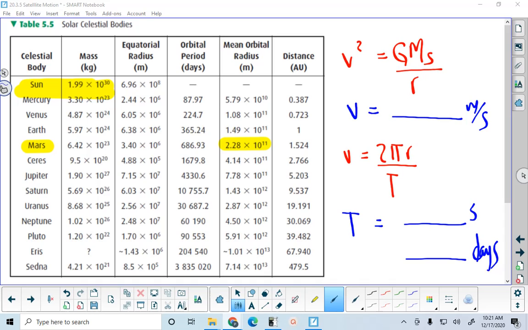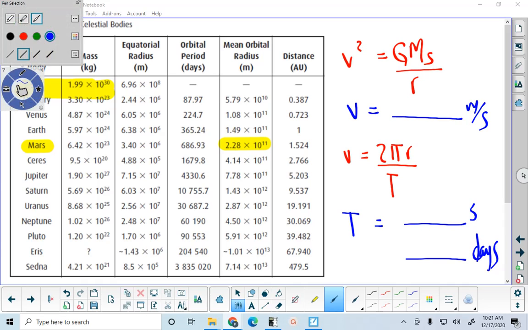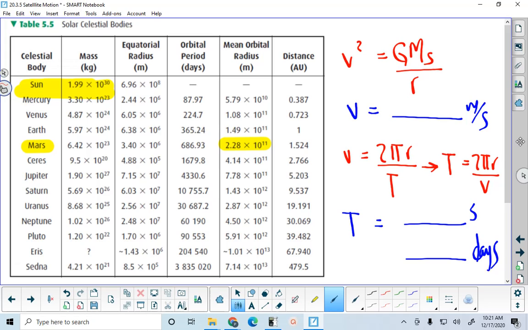Once you know the speed, to find the period, you're going to take this formula and change it to period equals 2 pi r over v, and that will give you the period in seconds. Then you have to figure out what you're going to get for days. And remember, when you do get the number of days, how about this? Even when you get the number of seconds, type yes.